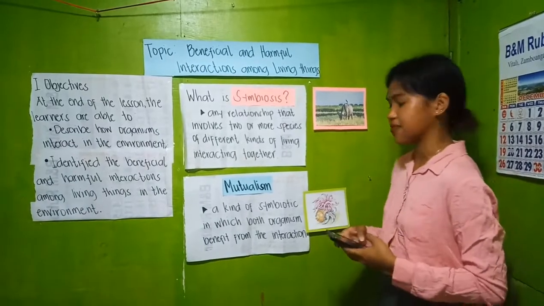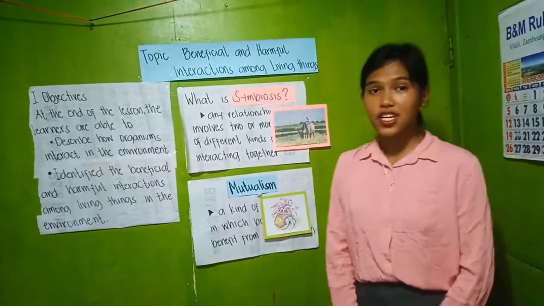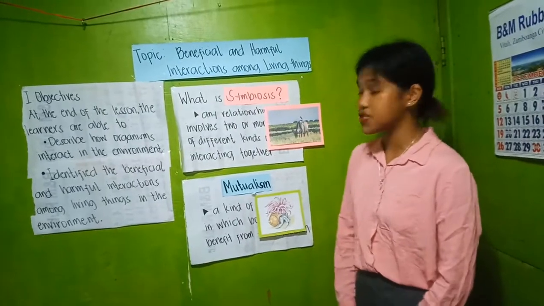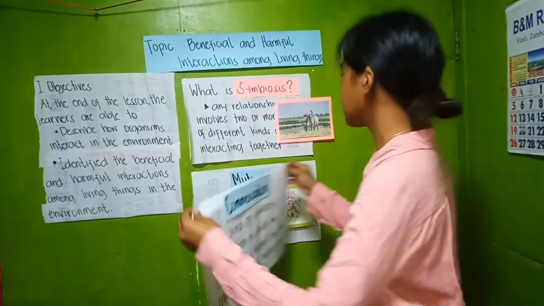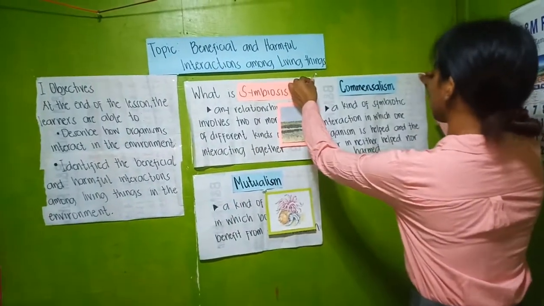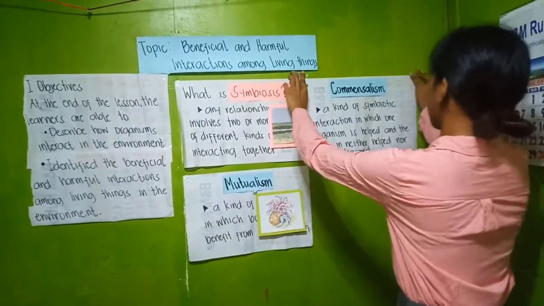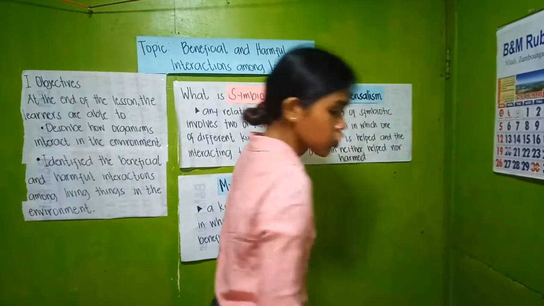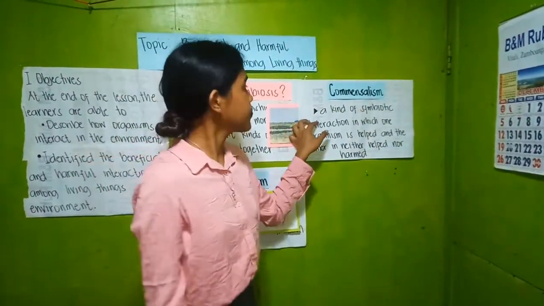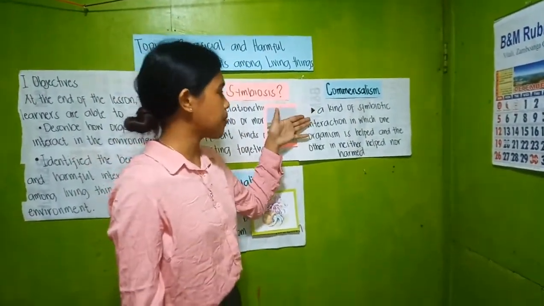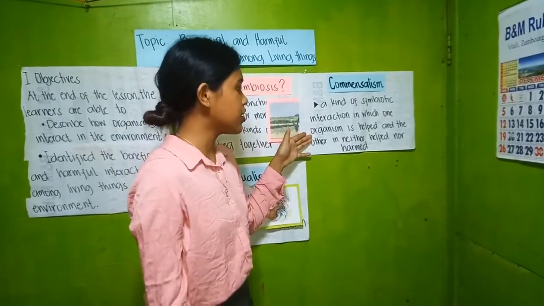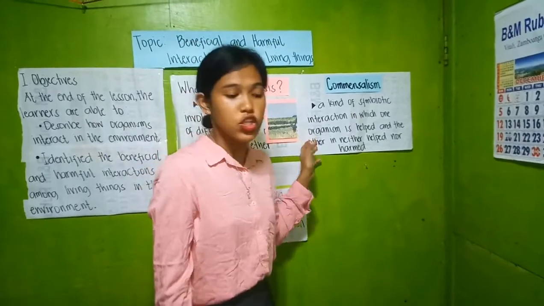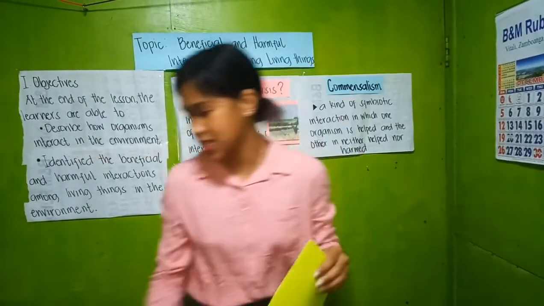Excellent. That's it. The second type of symbiosis is commensalism. What is commensalism? Commensalism is a kind of symbiotic interaction in which one organism is helped and the other is neither helped nor harmed. Here's an example of commensalism.